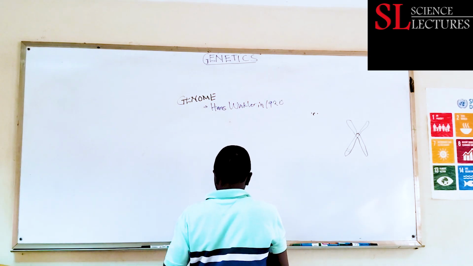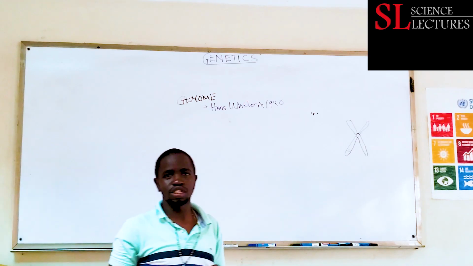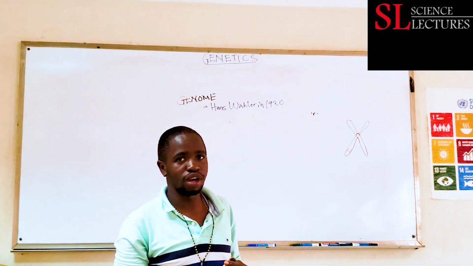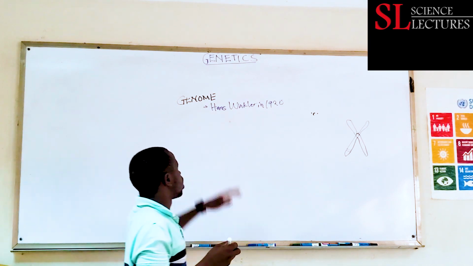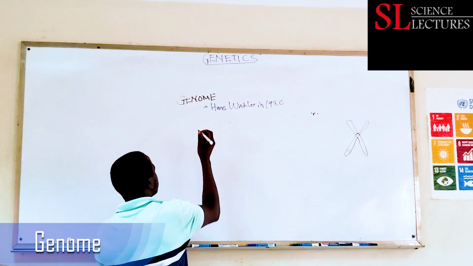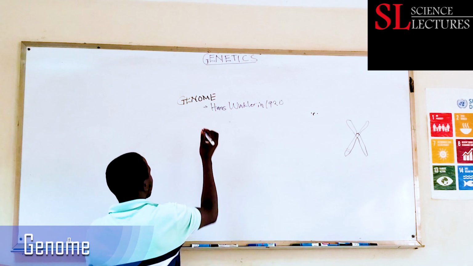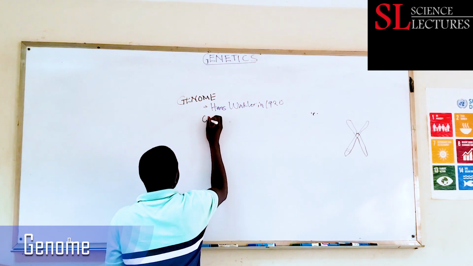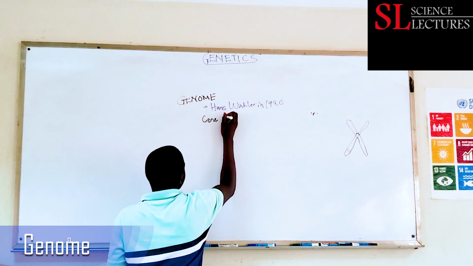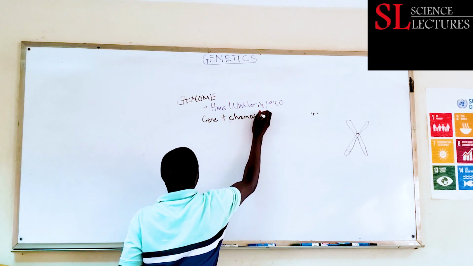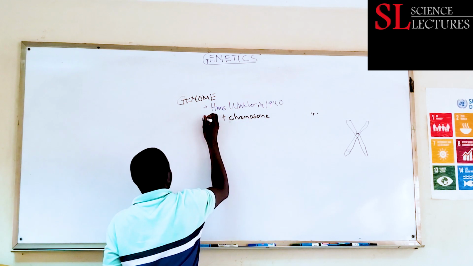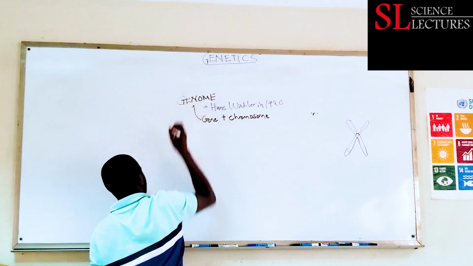Just a piece of information: Hans Winkler was a professor in botany at the Hamburg University. He was trying to look for a term that could take into consideration two things: number one, a gene and a chromosome. So that is how the word genome was drafted.